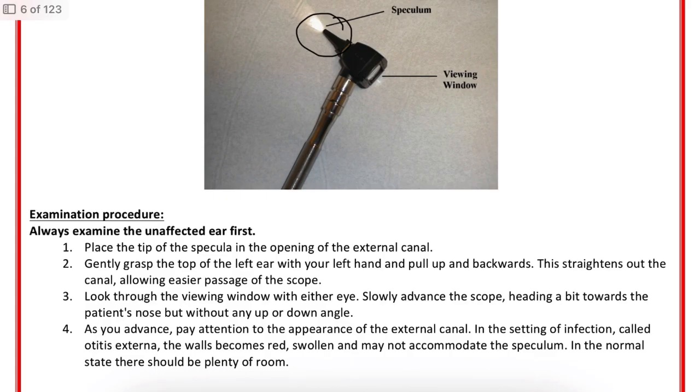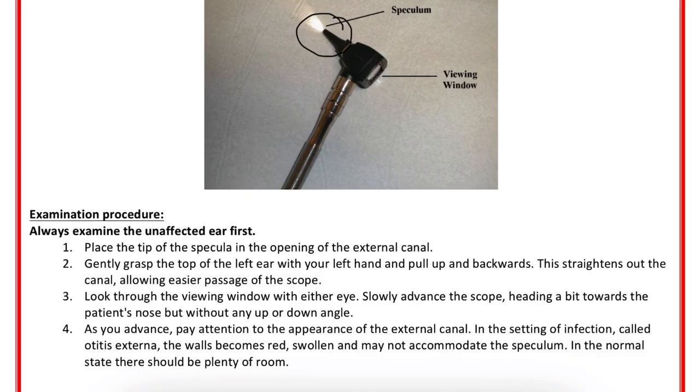Then we gently grasp the top of the left ear with our left hand, and as you pull back, you straighten the canal, and when the speculum goes inside the ear canal, the scope can easily go inside and you can easily visualize the tympanic membrane.